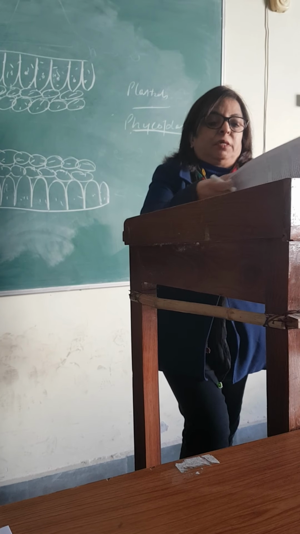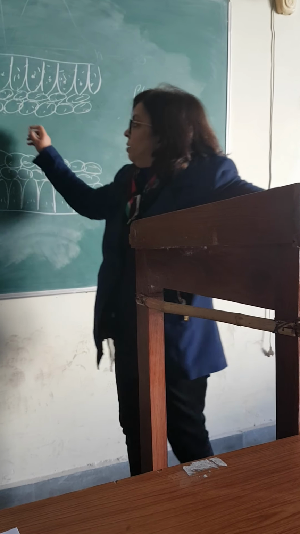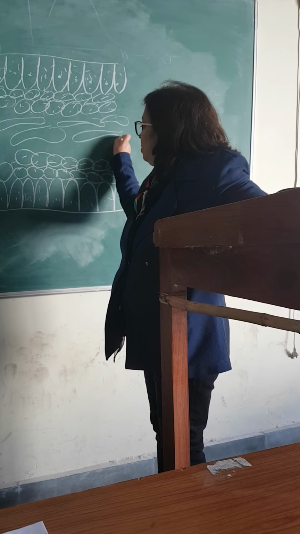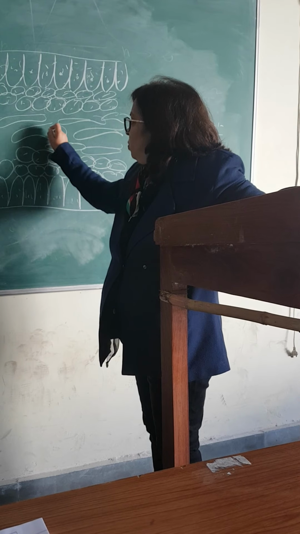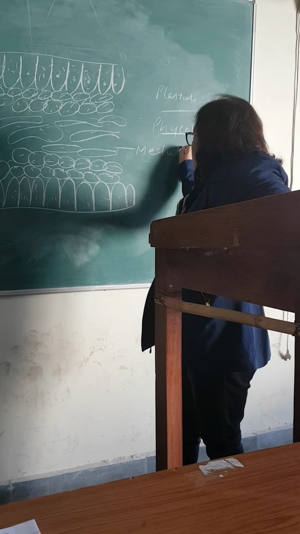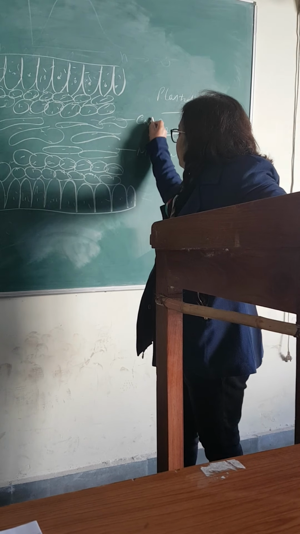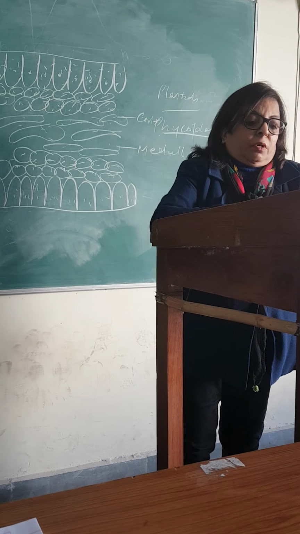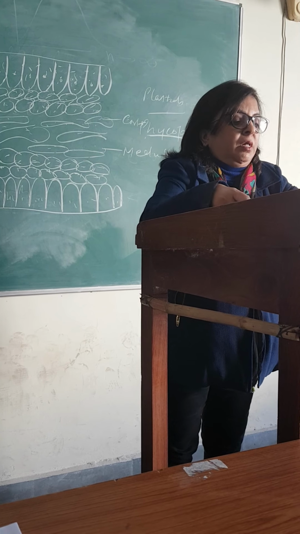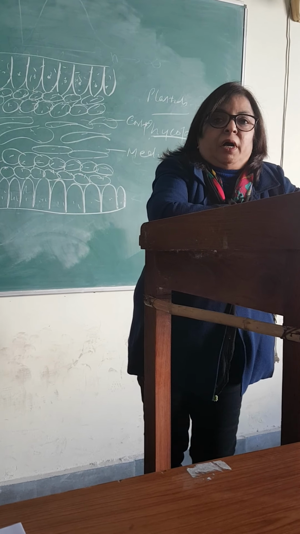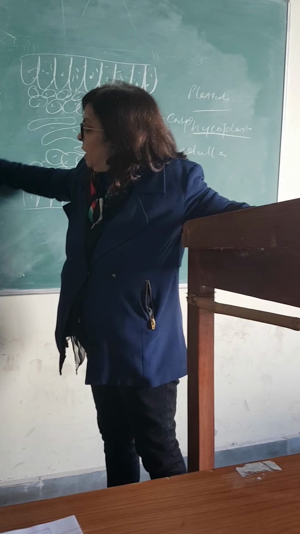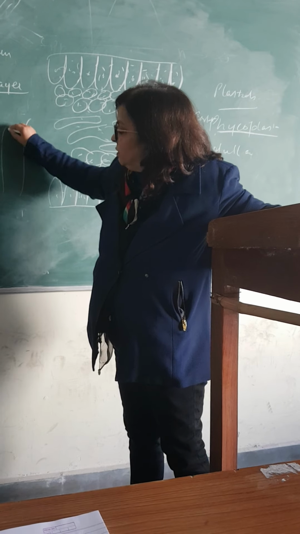And inner to the cortex, we have what? Inner to the cortex is the medulla. The medulla consists of tubular cells, and these tubular cells form the center of the frond. This is the midrib region.